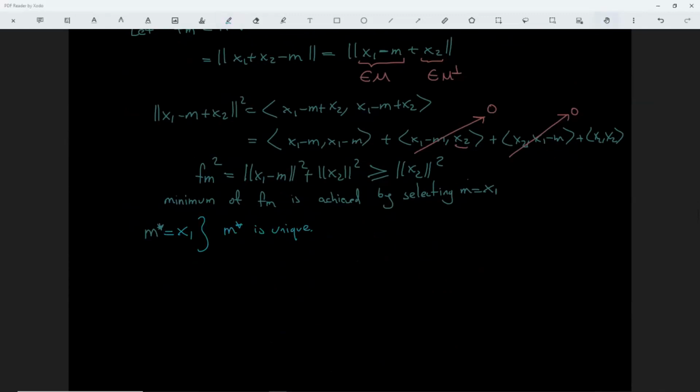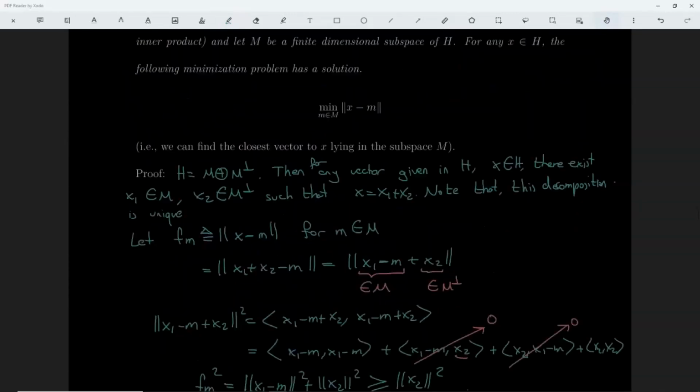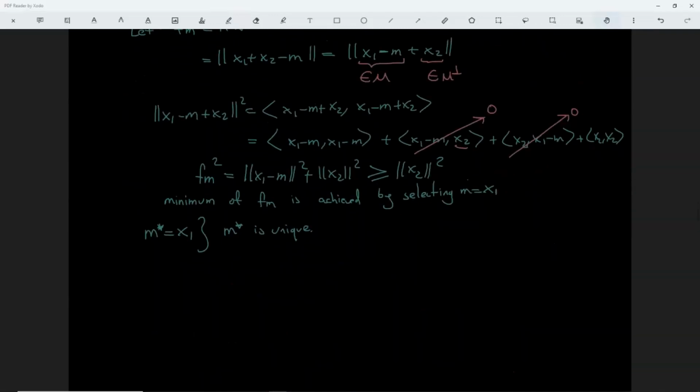And the reason why m star is unique is that m star is equal to x1, and x1 is unique, right? And why is x1 unique?